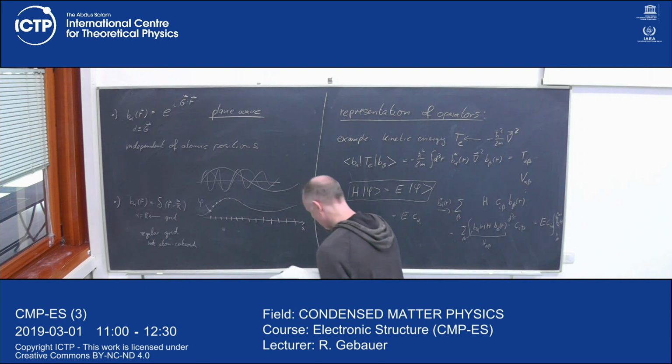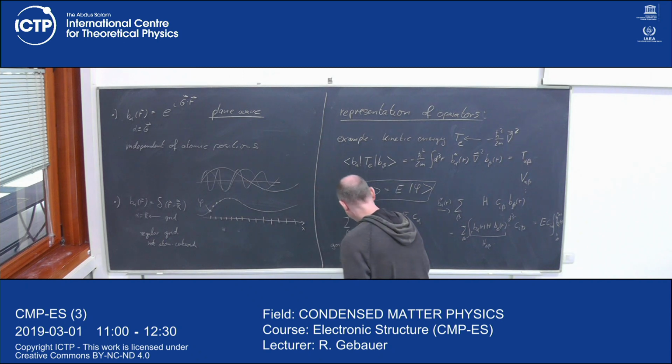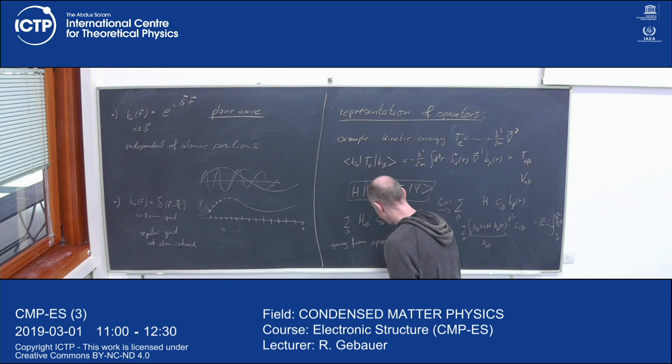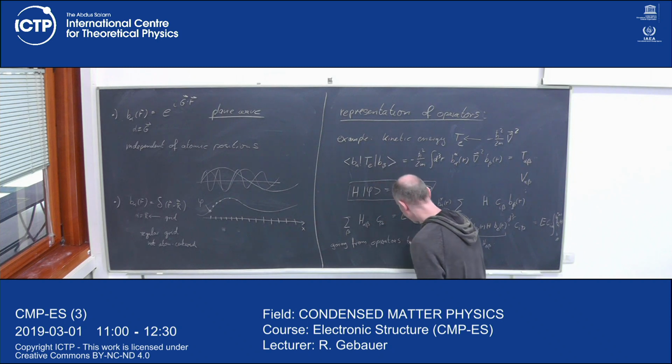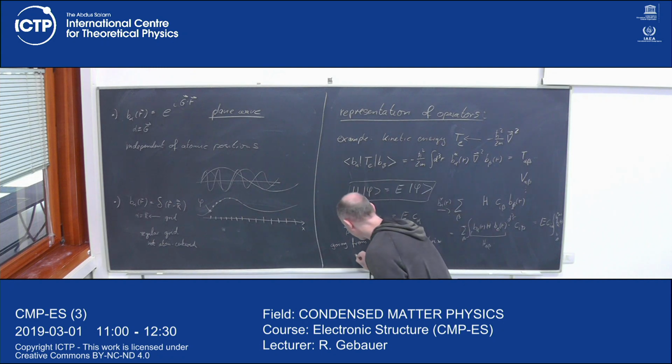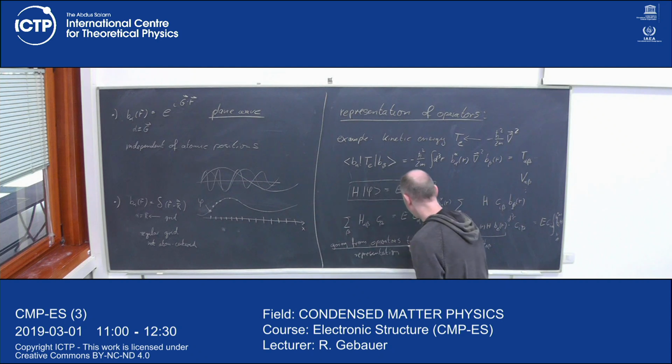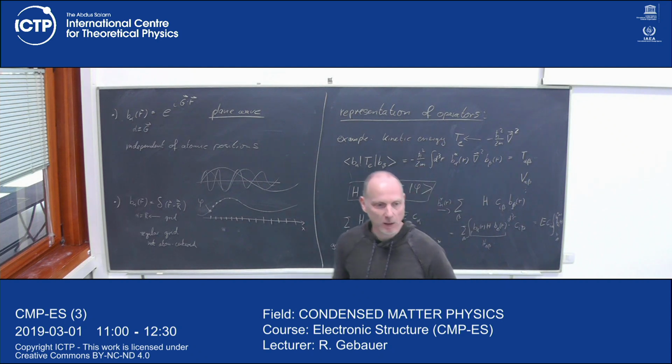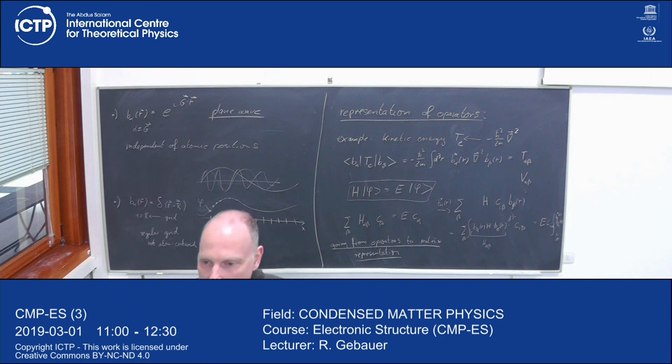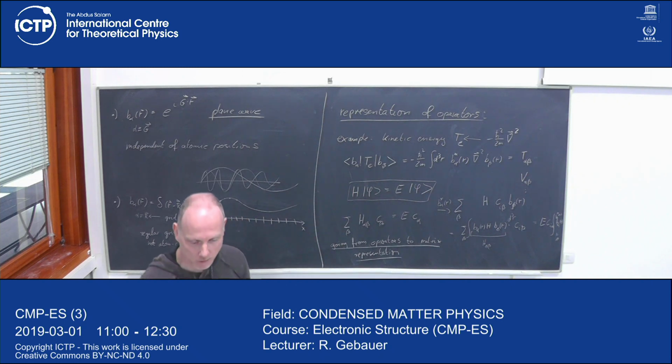So for single particle Hamiltonians, this is going from operators to matrix representation. So for your computer, a Hamiltonian is a square matrix. And the dimension of the square matrix is the number of basis functions which you have chosen.